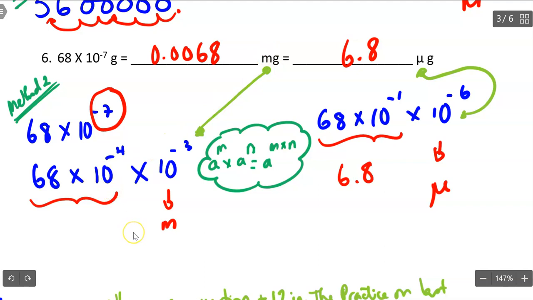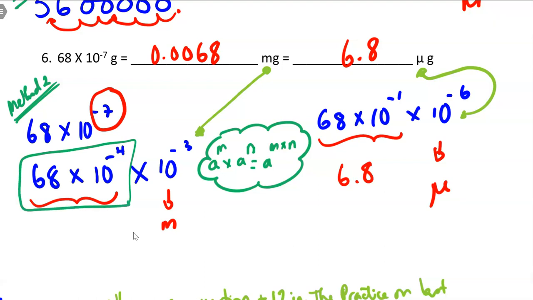Next, you need to convert this number from this notation to a decimal notation, or standard form. To convert it back to decimal notation, you have to locate the decimal point.